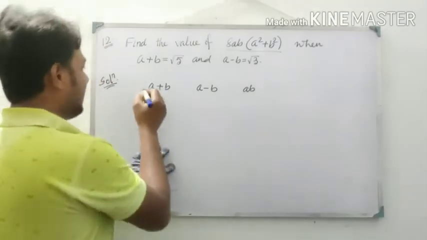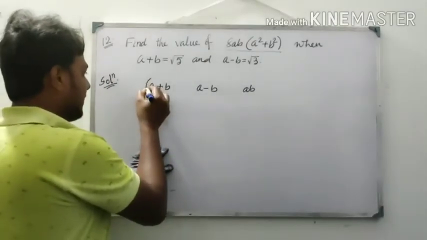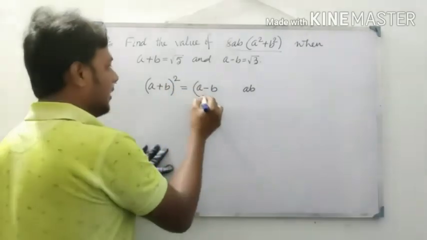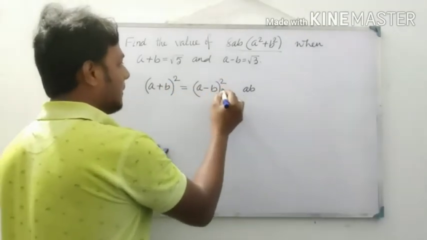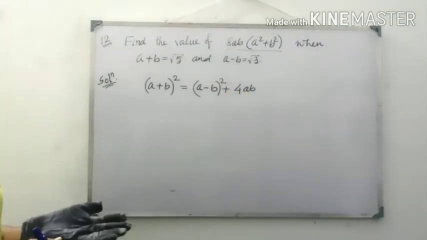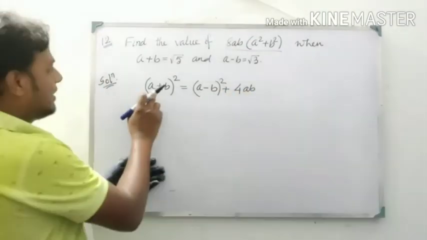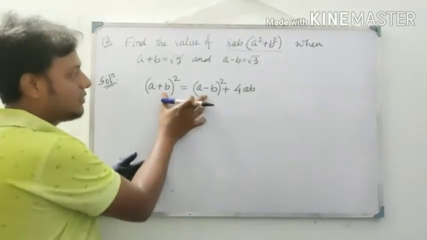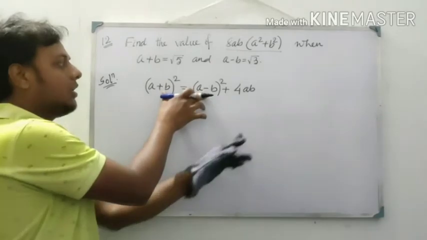See, a plus b whole square equals a minus b whole square plus 4ab. There is an identity in this form. Clear? Since we have a plus b and a minus b, we can put the values of these two, so the only unknown term will be ab.